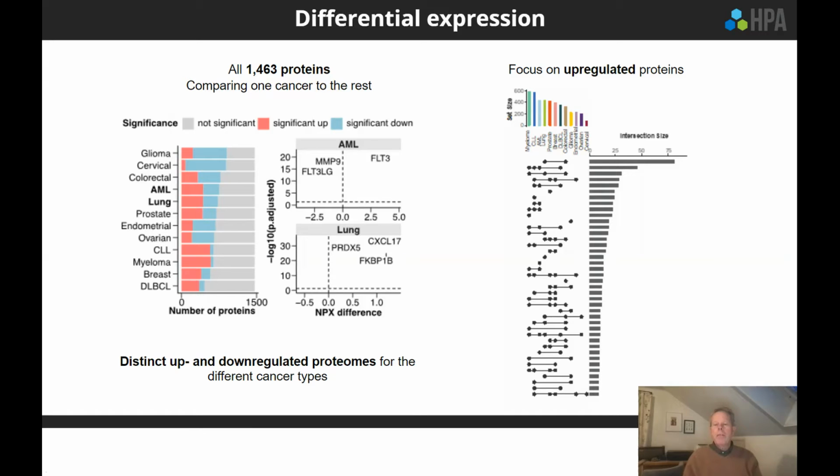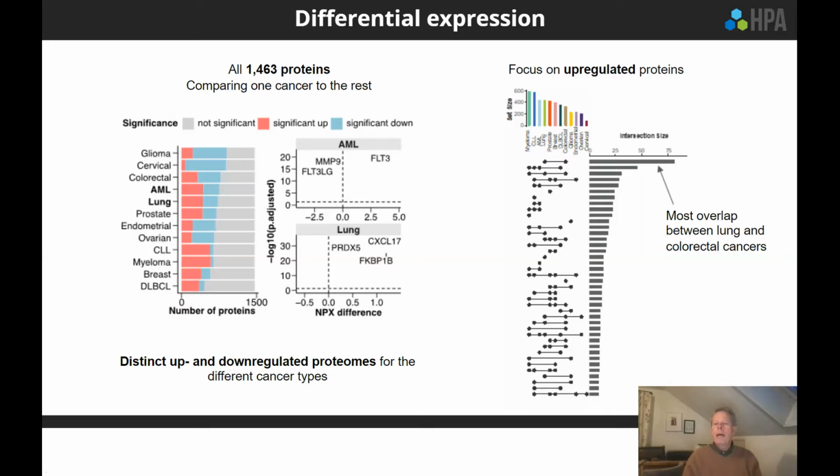For the differential expression, we analyzed all the 1,500 proteins, and I'm not going to go into the details here, but simply to say that there were quite a few of these proteins that went up and down in these different patients.